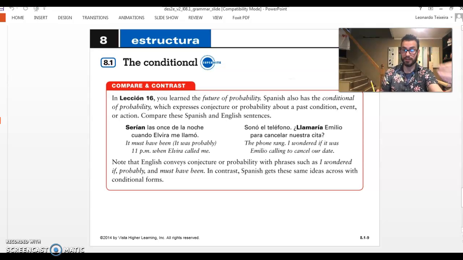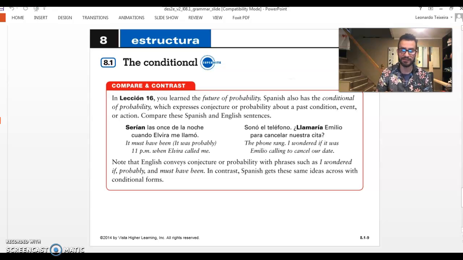Grammatically, by using the imperfect, it's fine, no mistake. But it means something different. If you're saying eran las 11 de la noche cuando Elvira me llamó, you're literally saying that it was 11 when Elvira called me. Whereas when you say serían las 11 de la noche cuando Elvira me llamó, you are not sure about it. You understand?